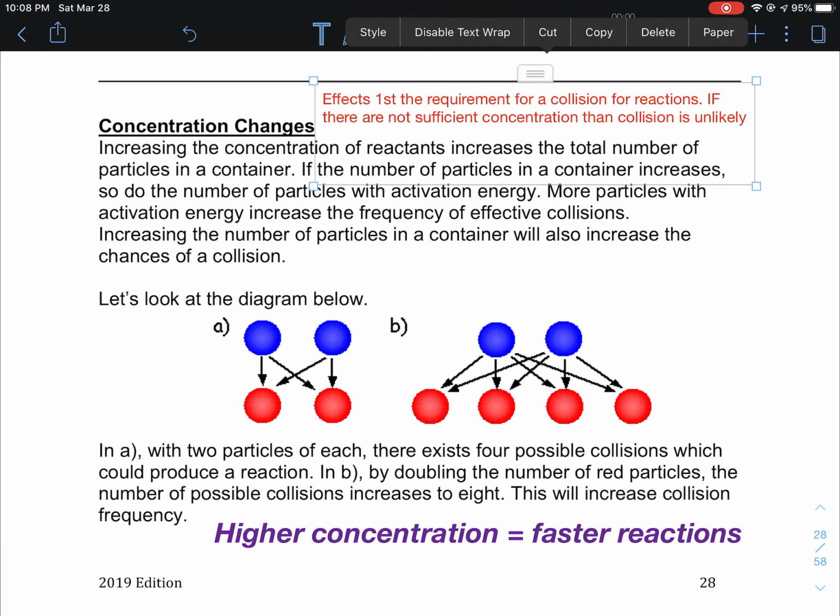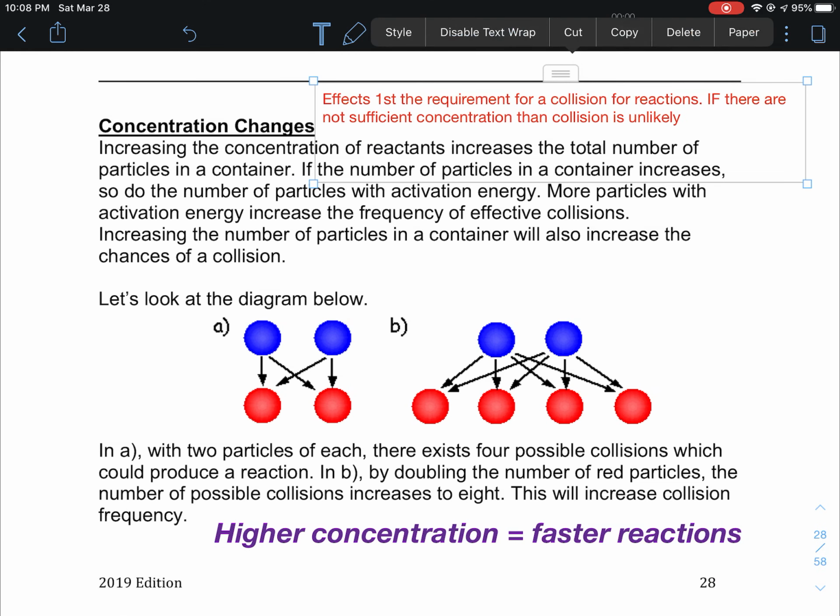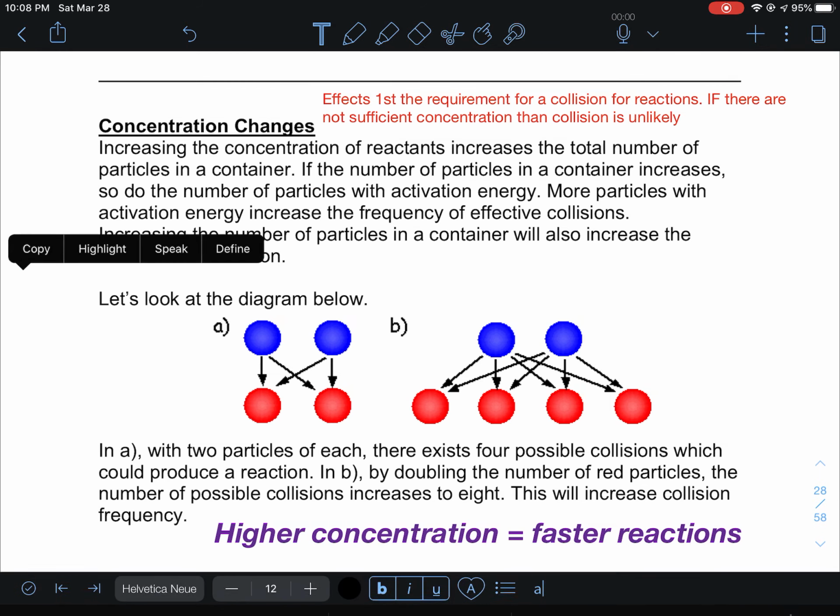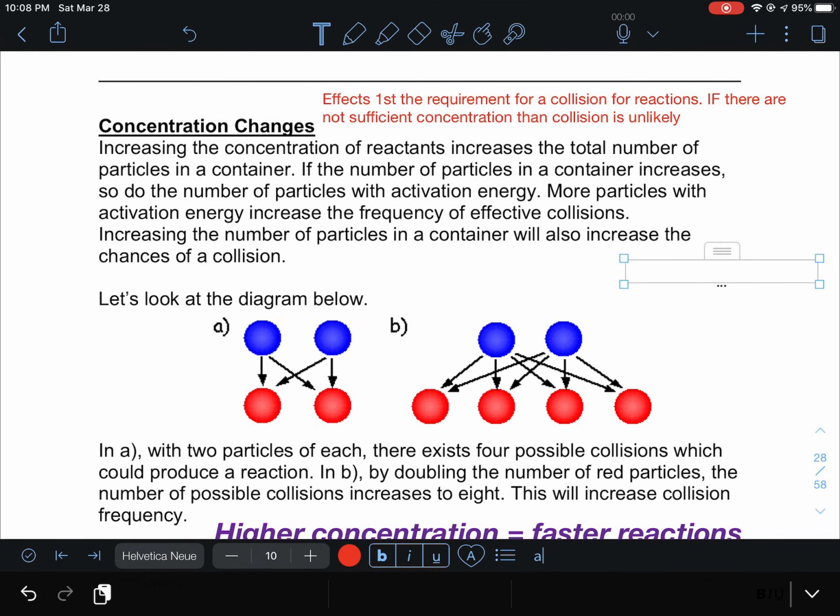And then the more you have, the more collisions you have. So more collisions equals more collisions with the correct orientation.